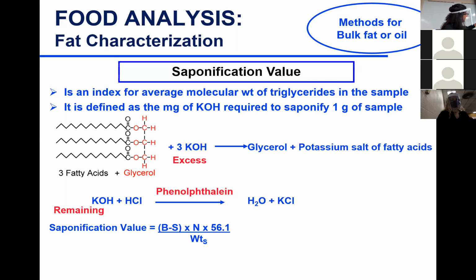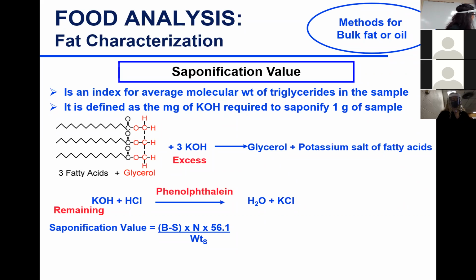Again here, notice the excess. The excess means if I don't have fat, all of the KOH remains. If I have fat in there, some of the KOH is going to react with the fat component, the triglycerides, and there will be less KOH left.